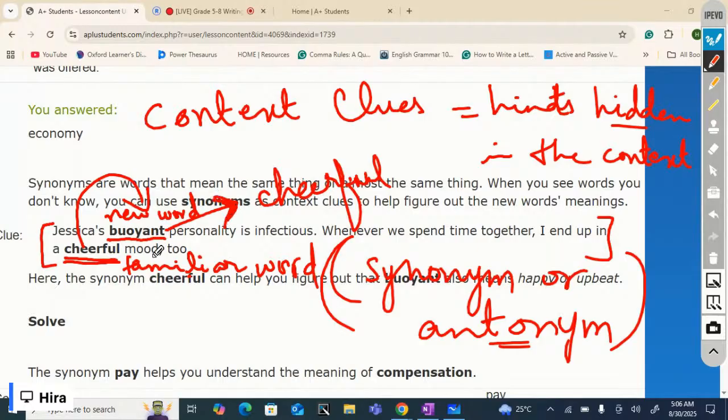You can get clues in the context. So, cheerful is a context clue. And cheerful is a synonym of the word buoyant, and it works as a context clue for you.